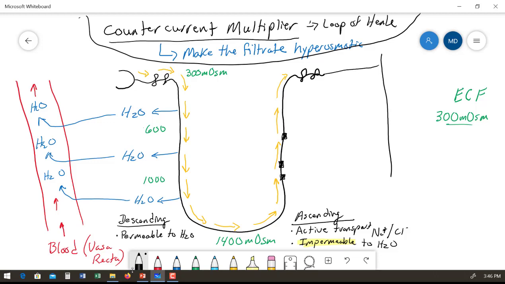Now this is a wildly inaccurate drawing, but I just want you to get an understanding of this. So these pumps are going to pump out sodium. So sodium gets pumped into the extracellular space.